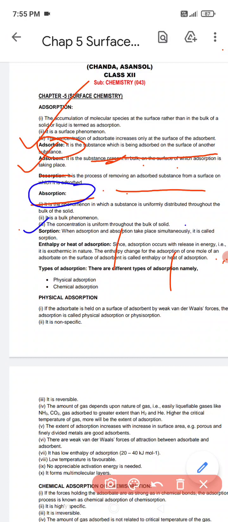Now if I ask you what is the basic difference between adsorption and absorption, you should understand that adsorption involves unequal distribution of the molecular species in the bulk and at the surface. On the other hand, absorption means uniform distribution of the molecular species throughout the bulk. Next, adsorption is a rapid process in the beginning, but it slows down at the end.